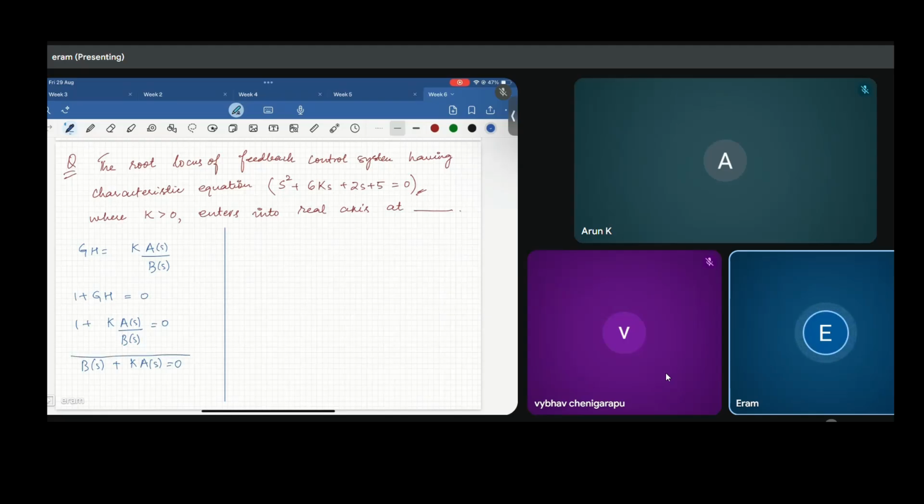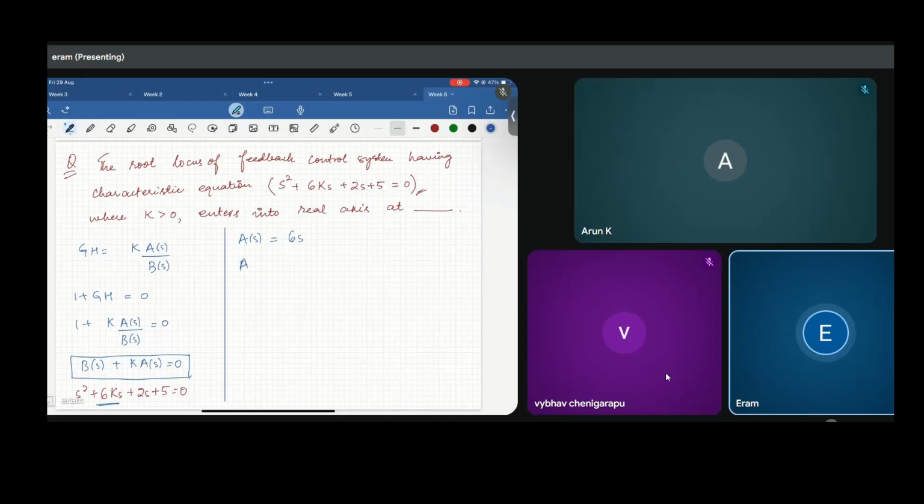Okay, we compare it with this one, which is s square plus 6ks plus 2s plus 5 equals to 0. What will be as? As is nothing but the coefficient of k, which is this term. So 6s.